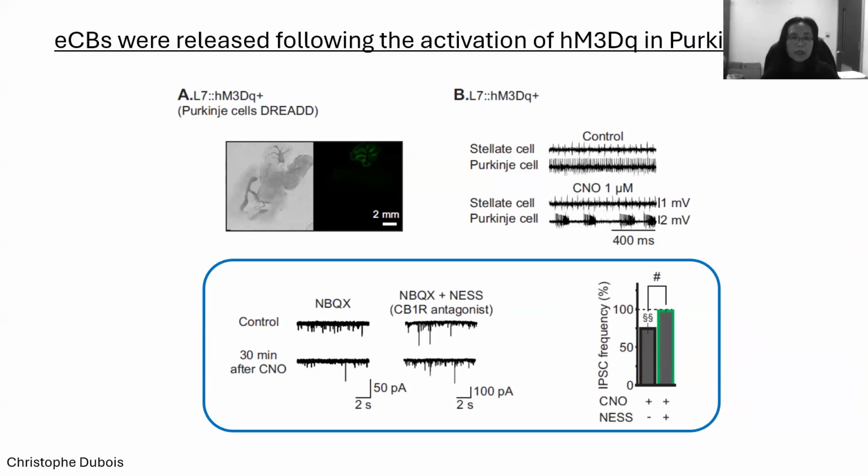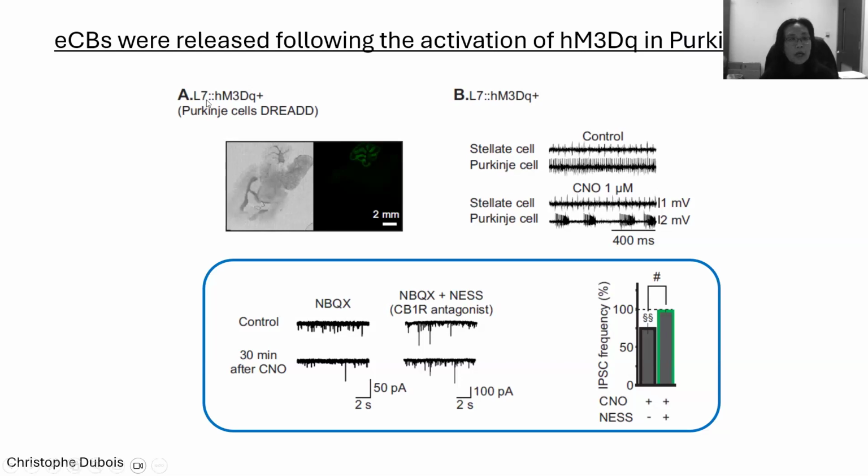Because endocannabinoid release can be evoked by activation of Gq in Purkinje cells, we tested whether we can use a Gq DREADD to evoke endocannabinoid release in Purkinje cells, as a way to manipulate endocannabinoid release only in the cerebellum.